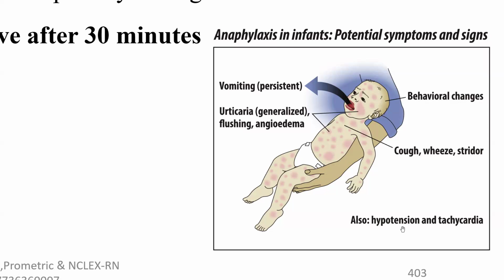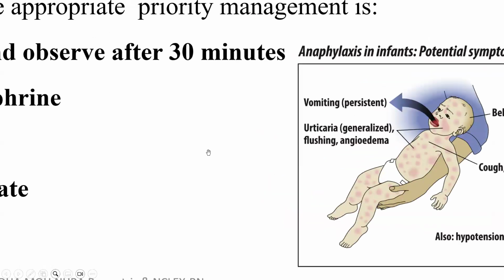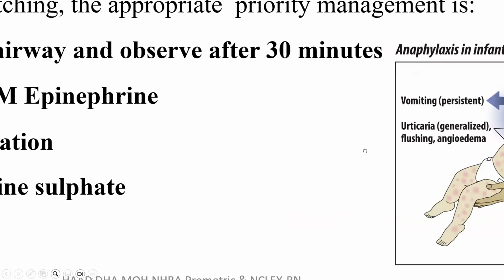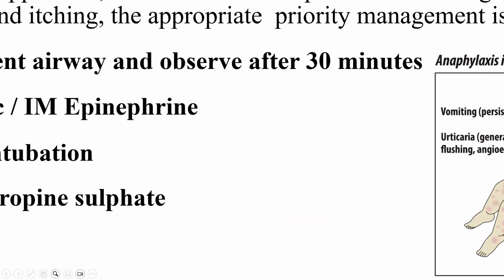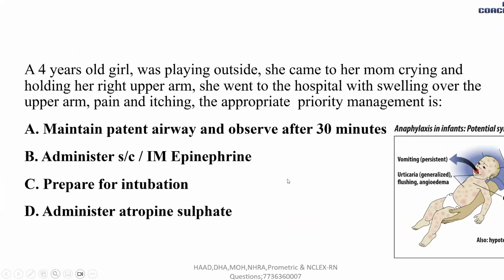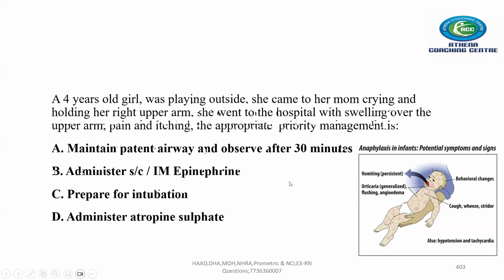The situations for anaphylaxis, what makes the patient end up in anaphylaxis, and what all are the signs of anaphylaxis. And very important is management, how do we take care when you suspect anaphylaxis in children? Okay. Option 1, maintain patent airway. Very good. And observe after 30 minutes.